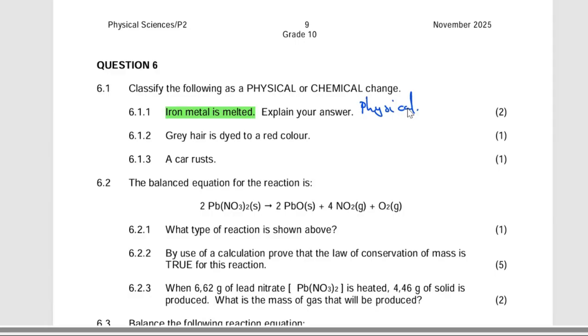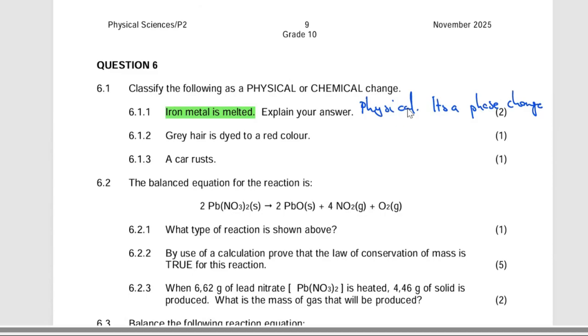So the reason is a phase change. There is a change in phase. Another reason can also be that the chemical composition of this metal remains the same.